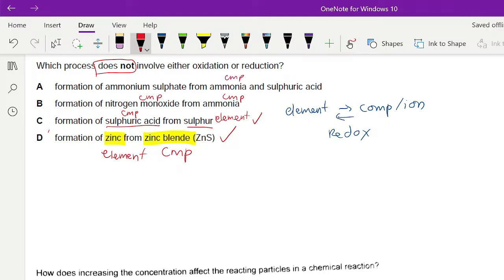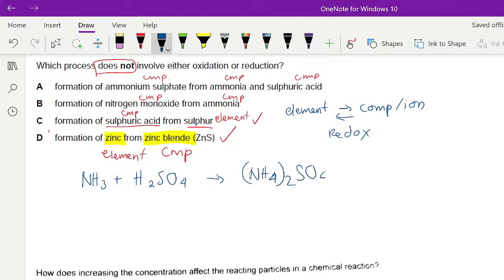This is compound and this is compound. Compound, and this is also compound. So let's write down the reaction equations here. Ammonia reacting with sulfuric acid gives you ammonium sulfate.